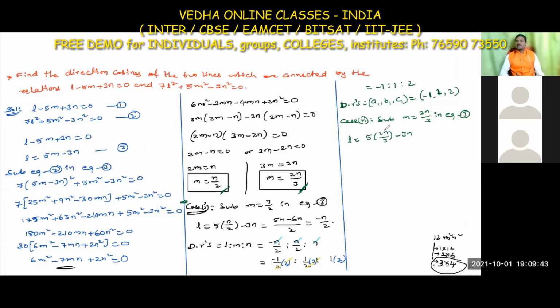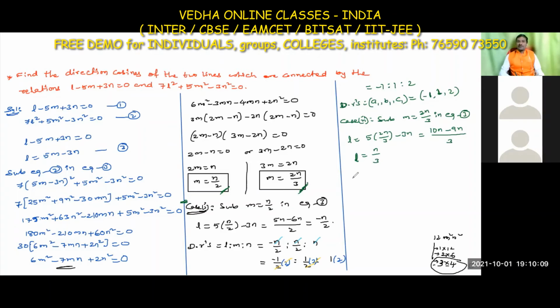Just we replaced the m value. LCM is 3, 5 2s are 10. So 10n minus 3 3s are 9, minus 9n. So 10n minus 9n, that means 1n we get. The value of L is n by 3.